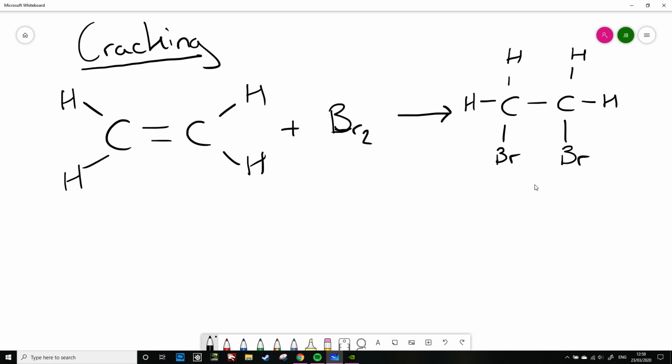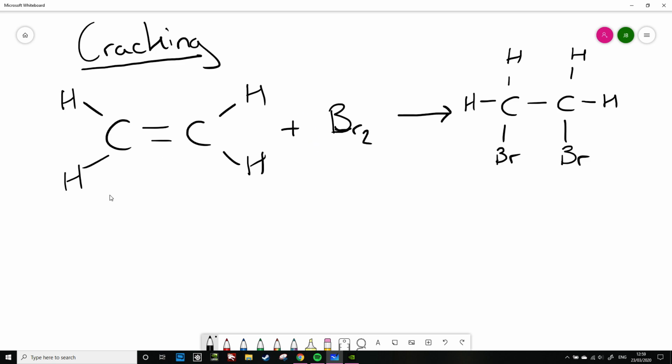So this time the bromines have come across and are bonded to the carbons. We've lost the double bonds, as you can see here. So that is why bromine water shows us if we have an alkene present, because we break the double bond. If you placed it into an alkane, nothing would happen.